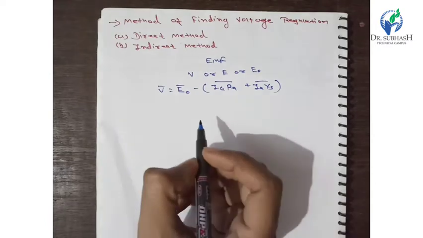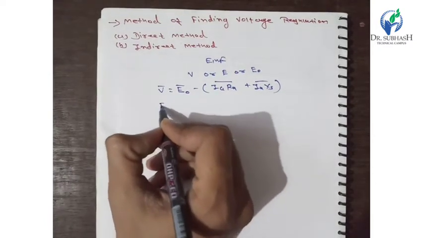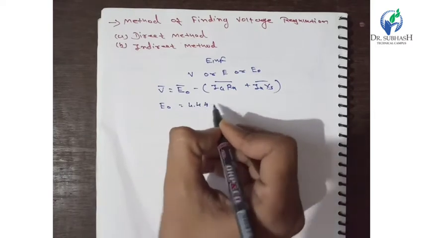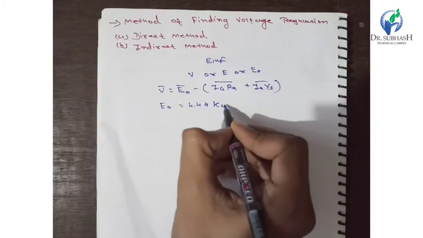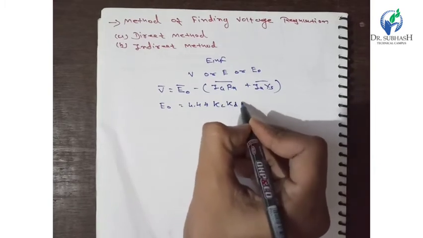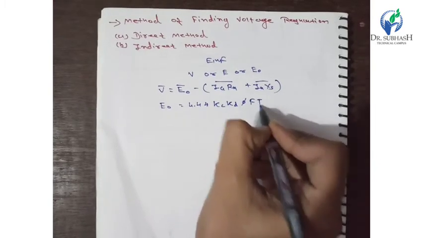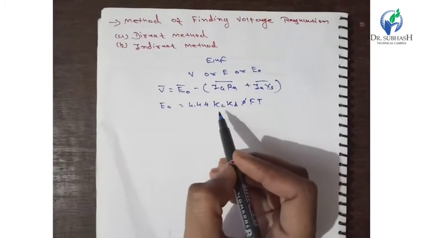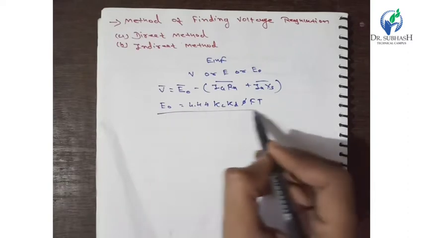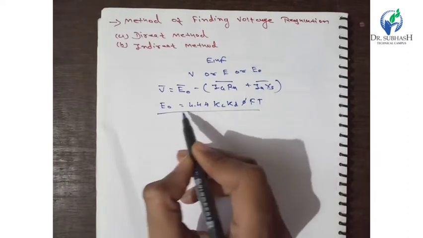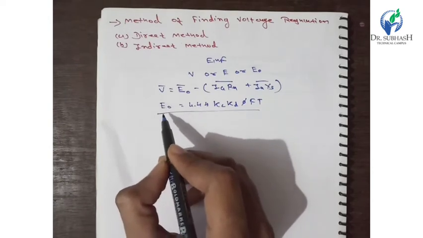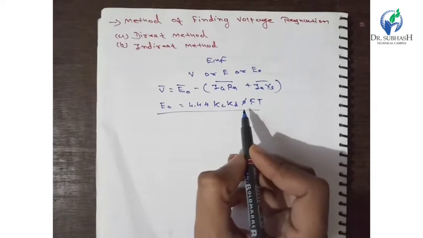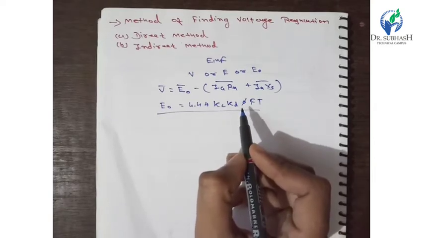We know that the EMF value of E0 is 4.44 Kc into Kd into phi into F into T, where this was discussed in a previous video lecture. In this equation, we know that the EMF value E0 is directly proportional to flux, since the remaining parameters are constant.